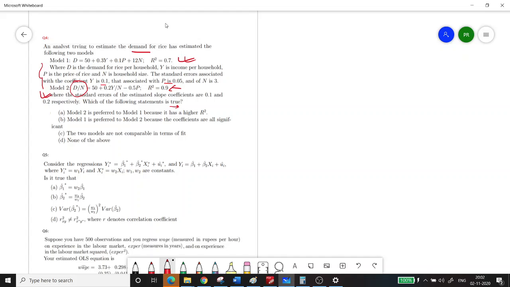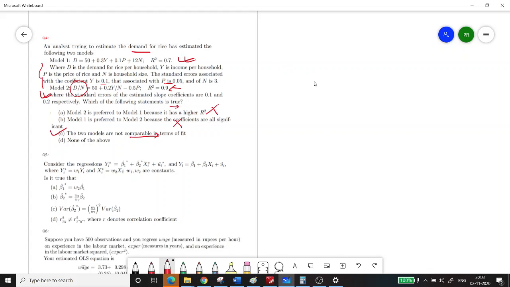So in this case, it is quite clear. It says model 2 is preferred to model 1. This option will not be right. Model 1 is preferred to model 2. Again, not right. The two models are not comparable in terms of fit, and none of the above. So in this case, the answer should be the two models are not comparable in terms of fit.